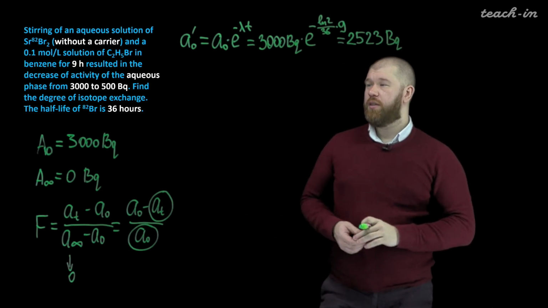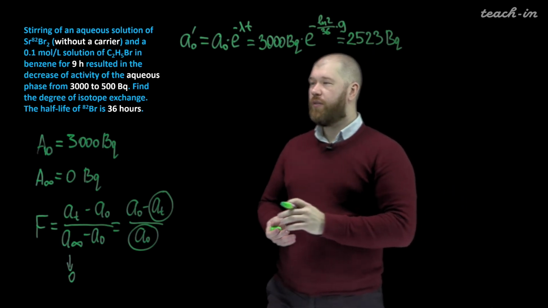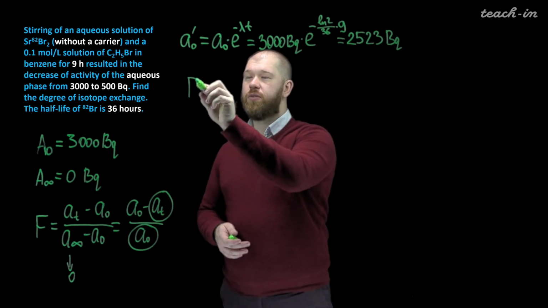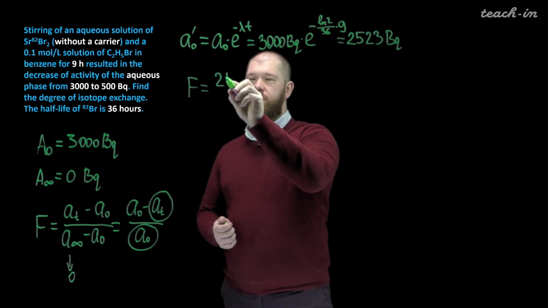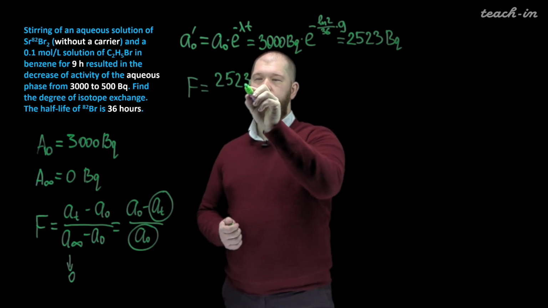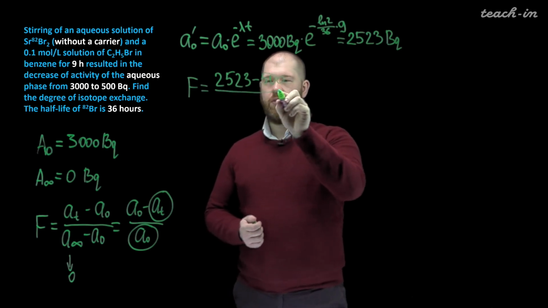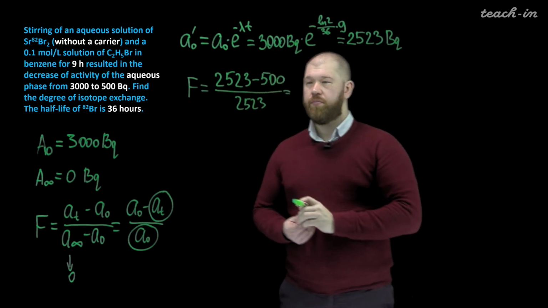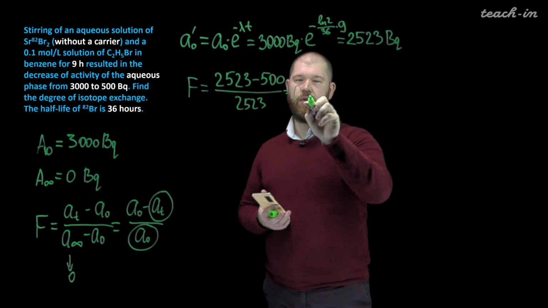And thus, we should take this number instead of 3000 to calculate the degree of isotope exchange. So it will be minus 500 divided by, so it will be equal to 0.8.